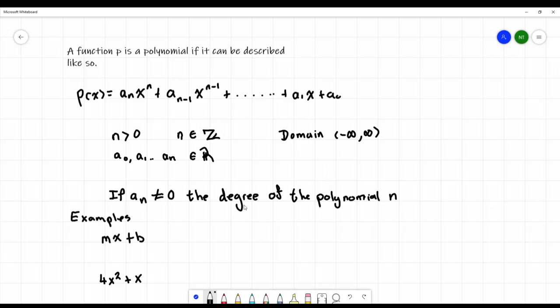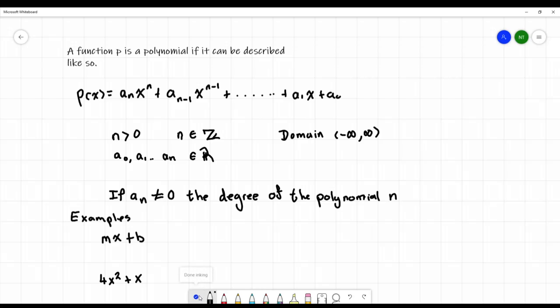The other property of polynomials is the degree. The degree of the polynomial is the value of the highest n whose coefficient is not 0. We'll see some examples and that'll become clear to you.